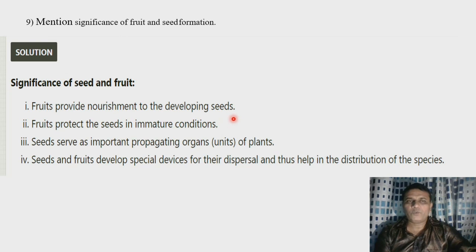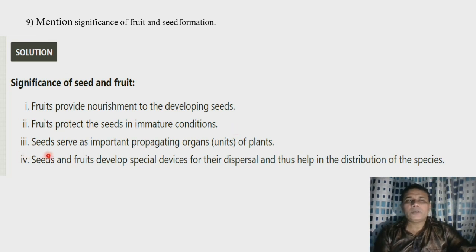That means the nutrients produced in the fruit provide nourishment to the developing seeds. Then the second point is fruits protect the seeds in immature condition, that means when the seeds are young and on the way to maturation.